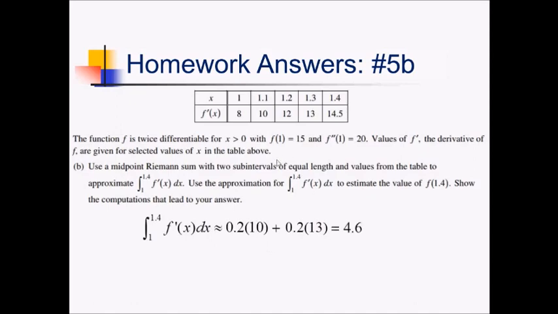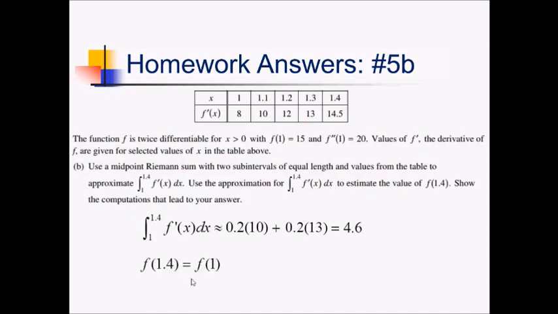Now they wanted us to use this approximation to estimate f of 1.4. So if I already have a value of f of 1, and they said that that was 15, and I have the value of the integral of the derivative of f from 1 to 1.4, then to find f of 1.4, I can just use my fundamental theorem.